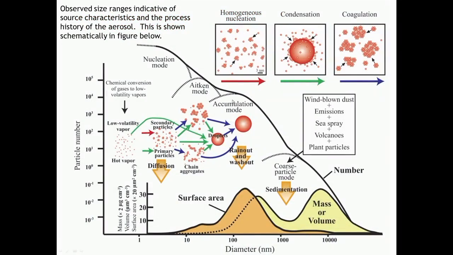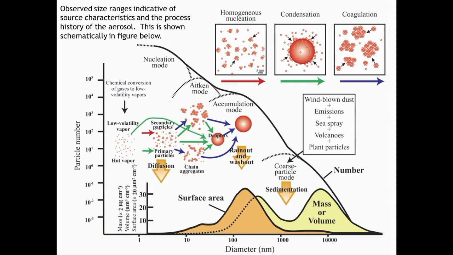The accumulation mode, so we know why it's called the accumulation mode, don't we? Because it accumulates. Why does it accumulate? Because it's not removed. The accumulation mode accumulates in the atmosphere.